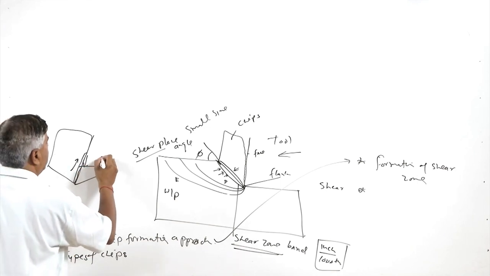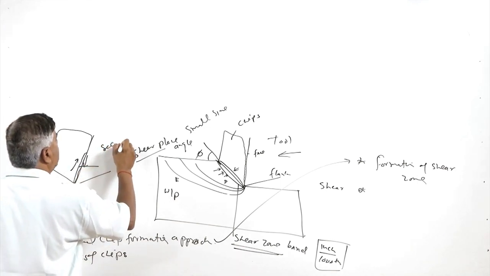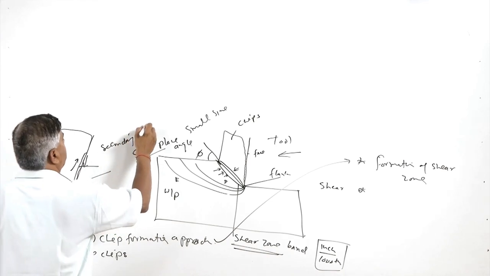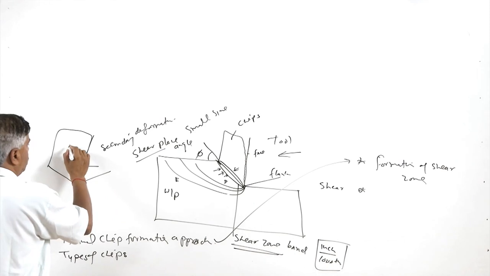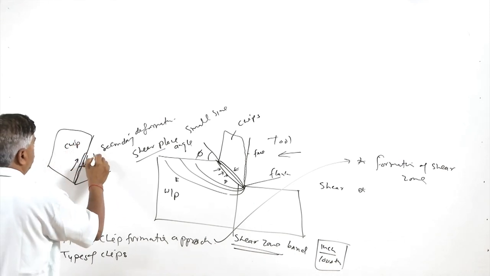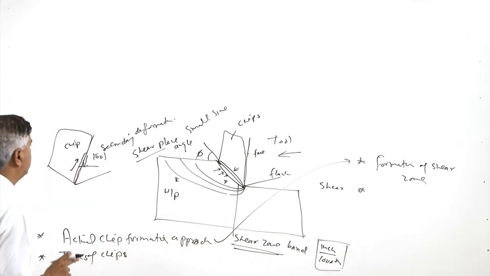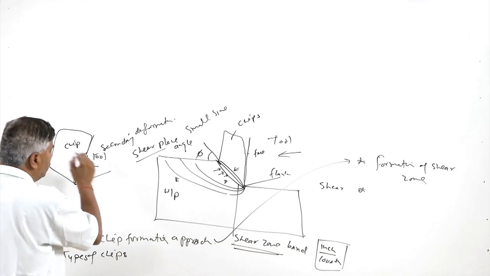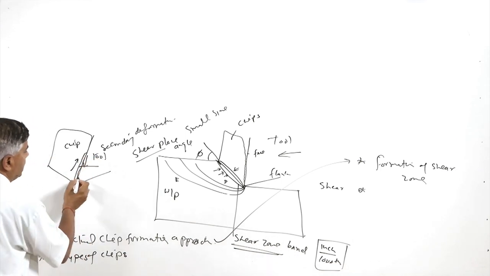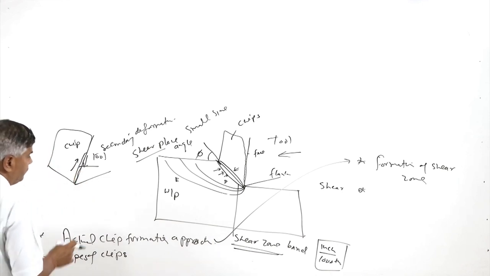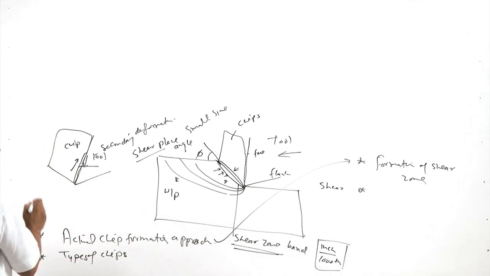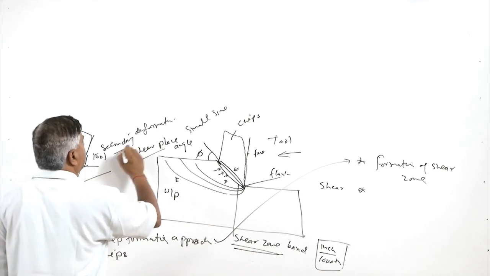So, this is called secondary deformation: the deformation occurring at the tool-chip interface, in the narrow region of the chips.